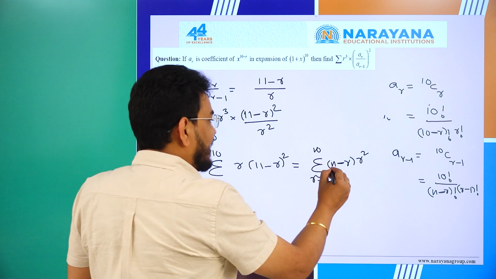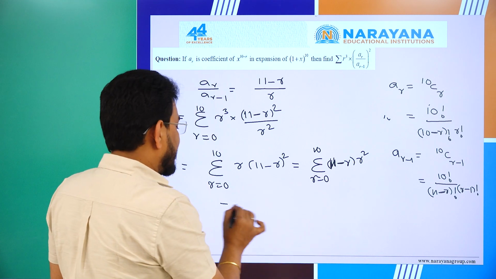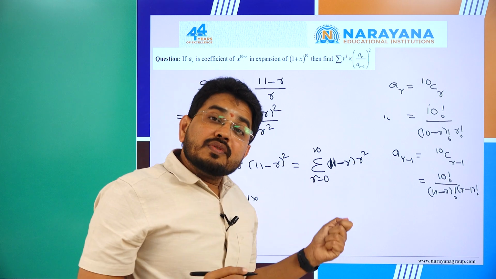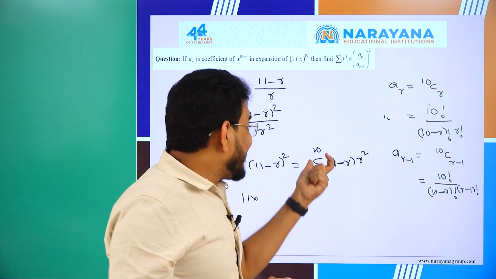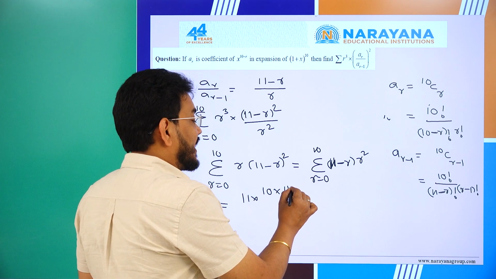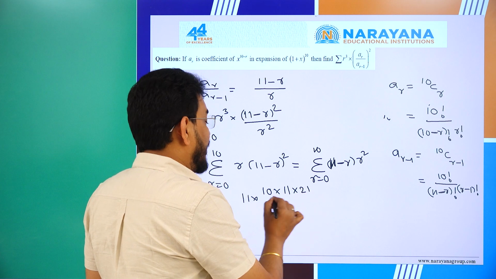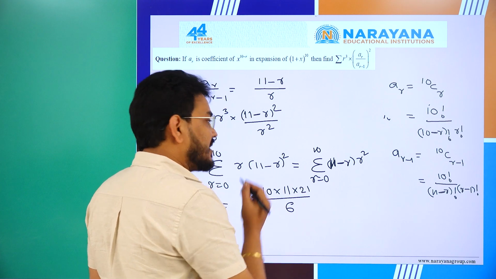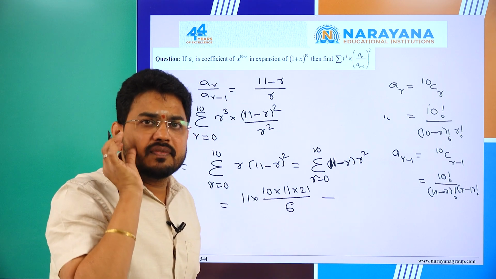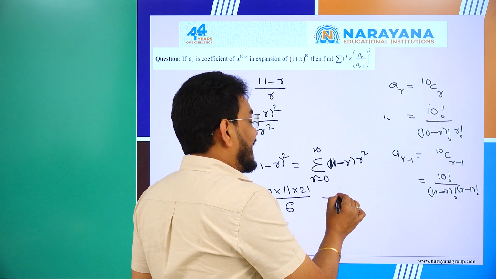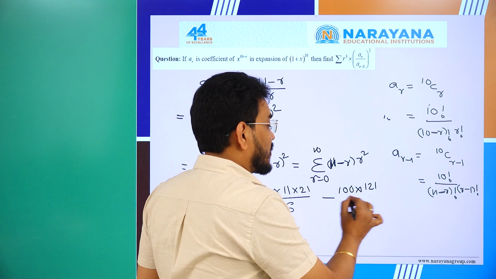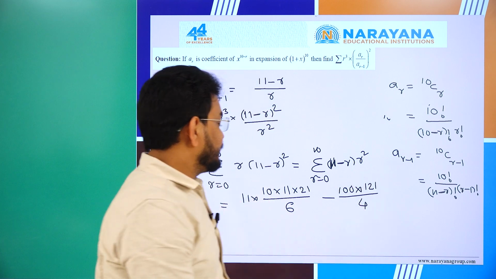So this is equal to 11 into the sum of r square, 0 square, 1 square plus 2 square up to 10 square, n into n plus 1 into 2n plus 1 by 6, minus sigma r cube, sum of the cubes of first 10 numbers, n square into n plus 1 whole square by 4.